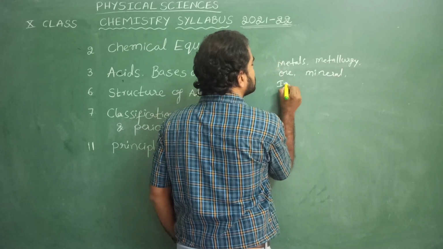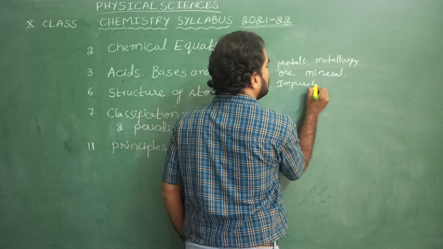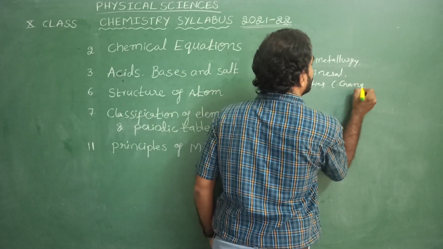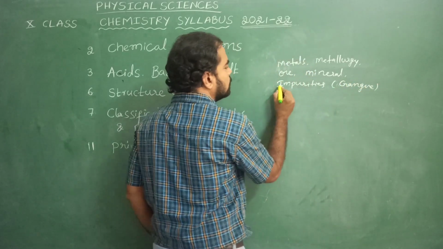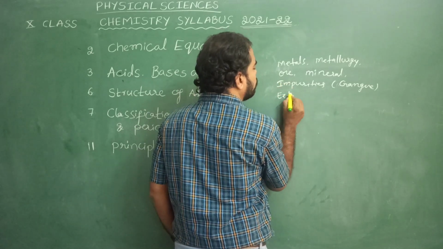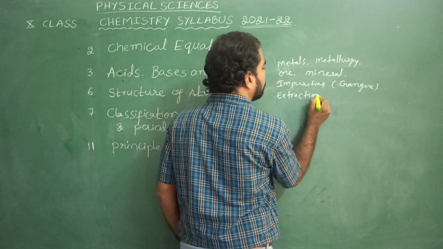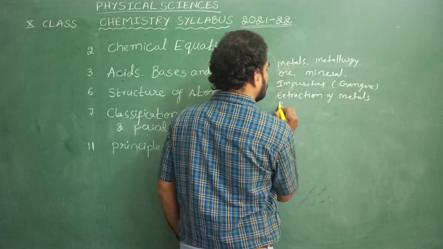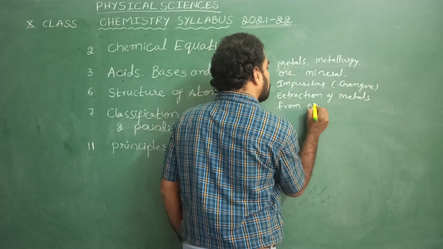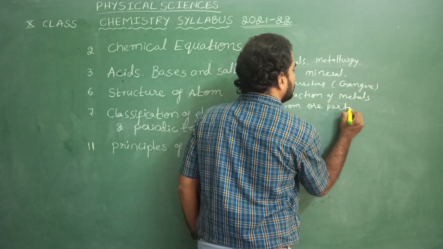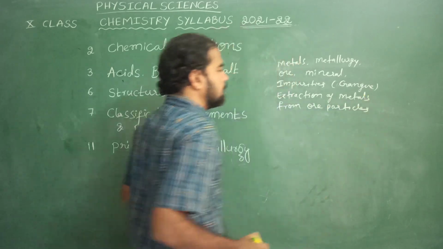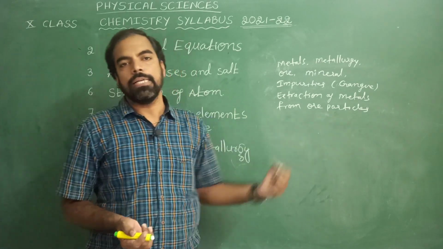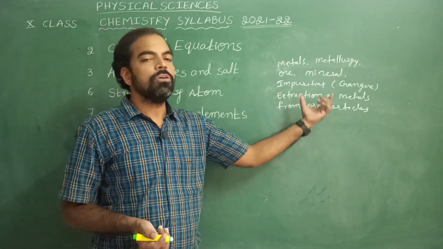Here the impurities, nothing but they are called gangue particles, and the extraction of metals from ore particles. Mainly in this chapter we discuss the extraction of metals from their ore particles.